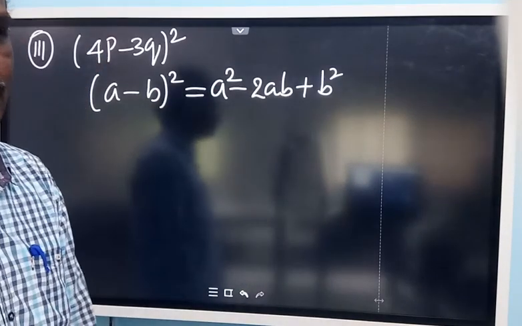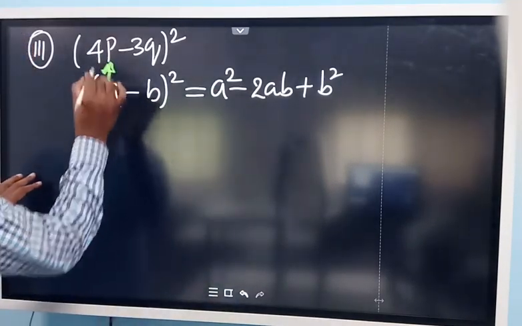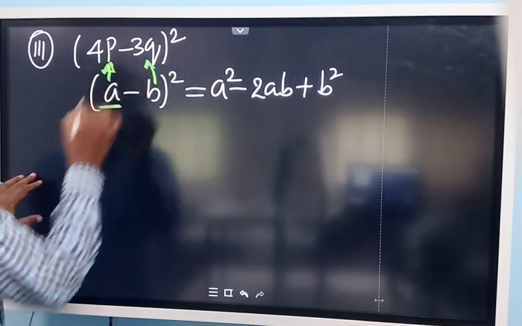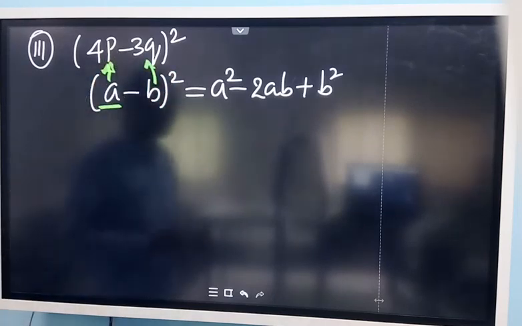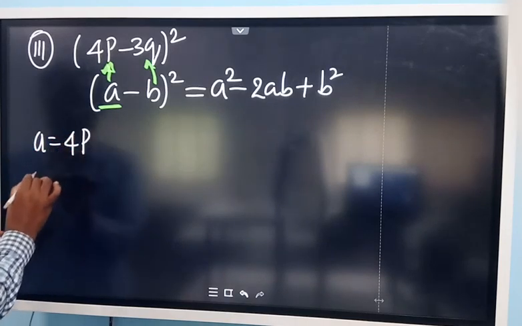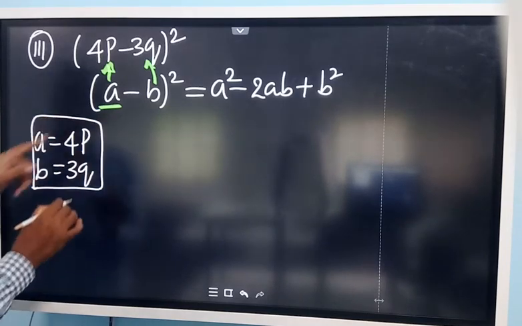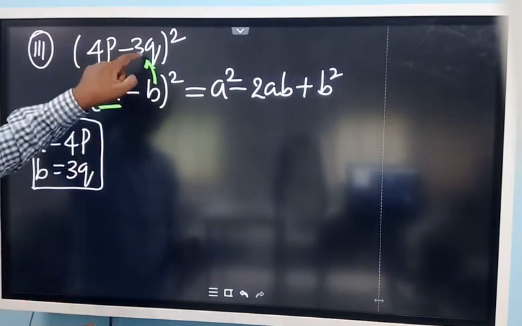This is an identity. Now compare here. In place of a we have 4p. In place of b we have 3q. Minus and minus are the same. So a is 4p and b is 3q.